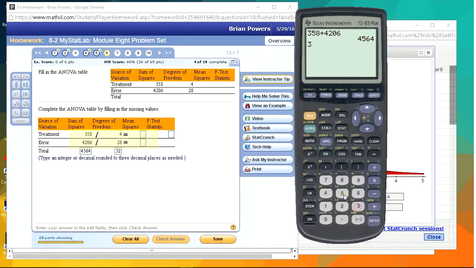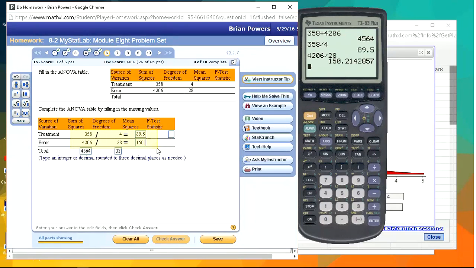Okay, so 358 divided by 4 gives you the mean square for the treatment, 89.5, and 4206 divided by 28, that's the mean square for error, 150.214.